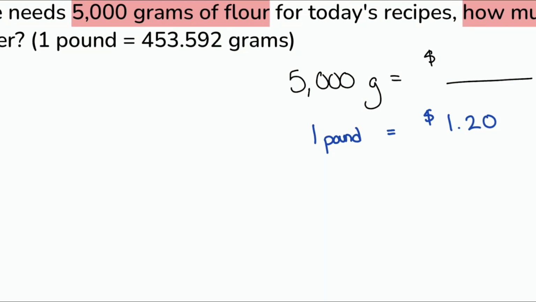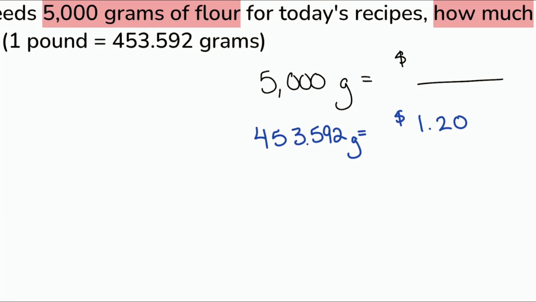I'm going to replace the 1 pound right here with what it is in grams. This is going to help us see things a little more clearly. So we'll just say 453.592 grams. And now we're perfectly set up to solve a proportion. Grams to dollars, grams to dollars.